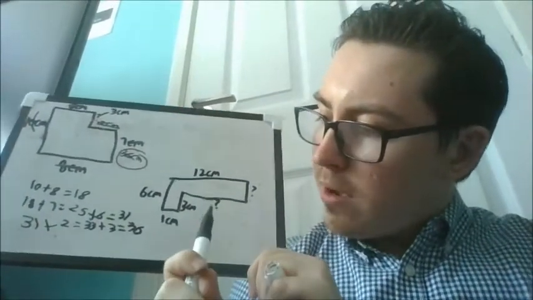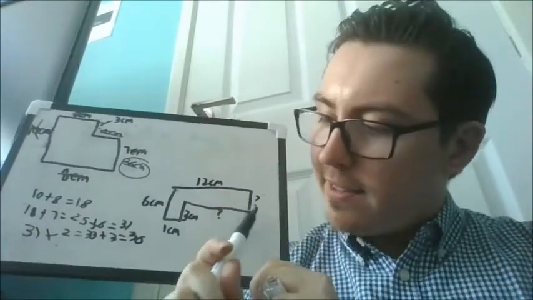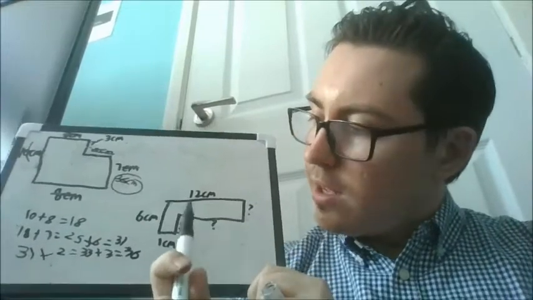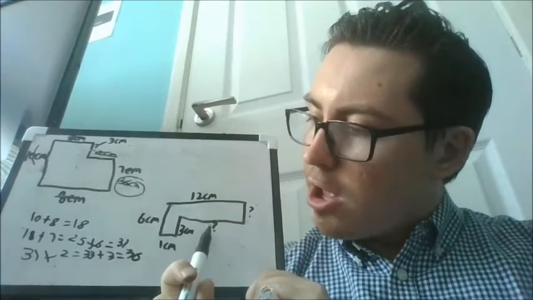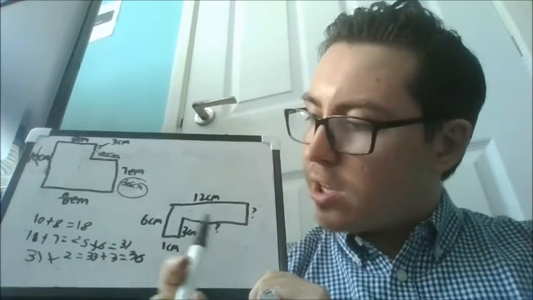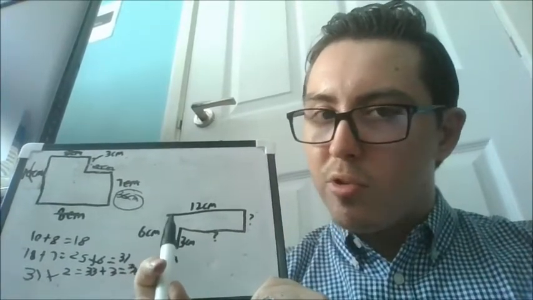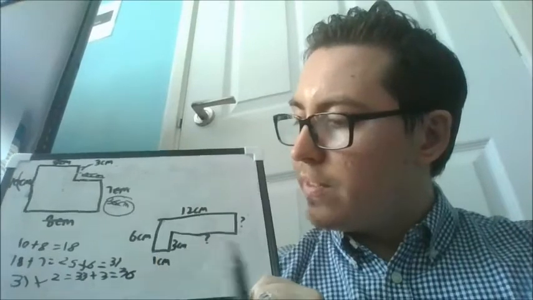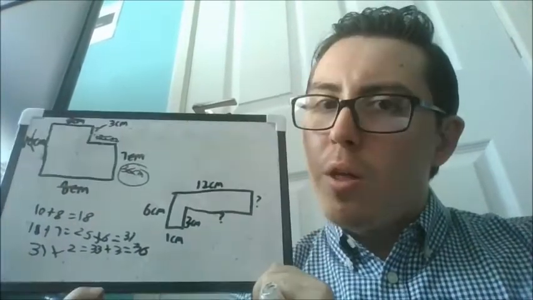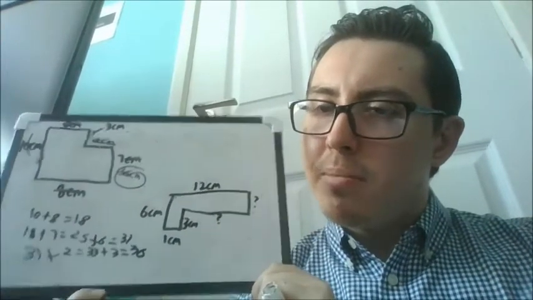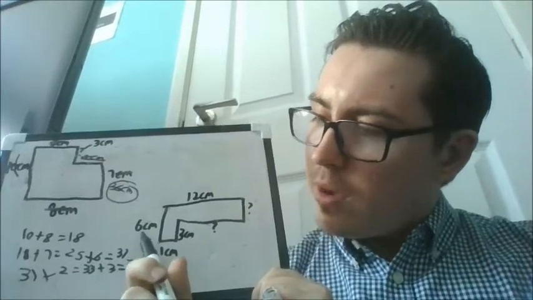So we need to work out what this measurement is and this measurement is. To work out what this one is, we have to look at the width of the shape. What is the whole width of this shape? The one that goes the whole way across the shape is 12 centimeters. What other width measurement can you see on this shape? Is that the width?